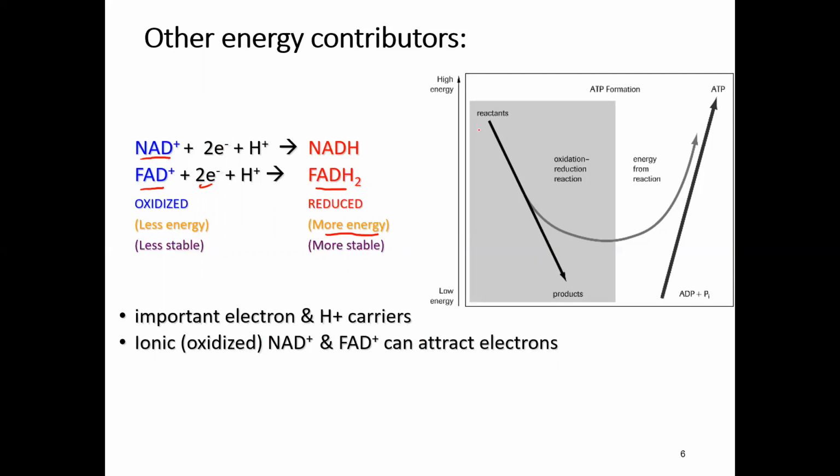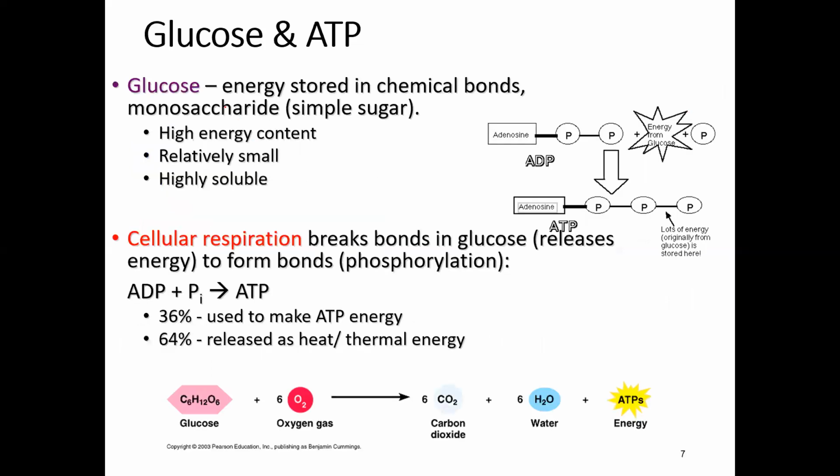So the reactants like glucose become low-energy products like water and carbon dioxide, through oxidation reduction reactions that produce ATP. Glucose, we know, is high energy, soluble, and small. Cell respiration is going to break this glucose down to make ATP.